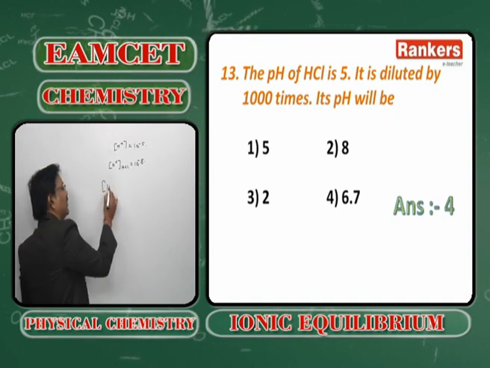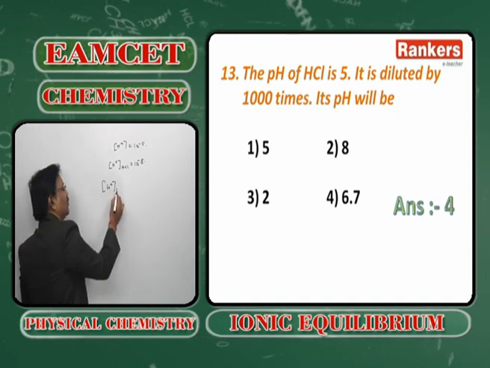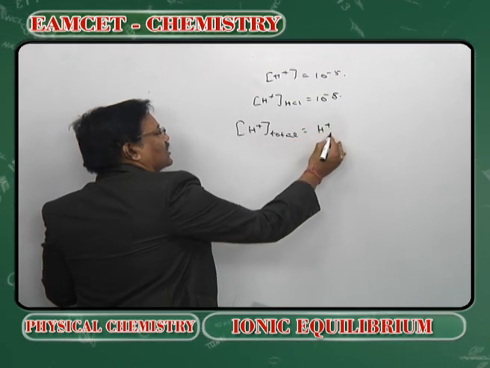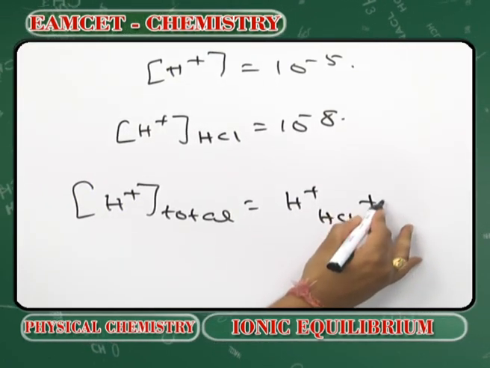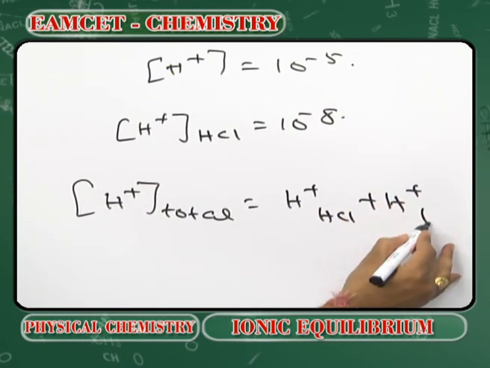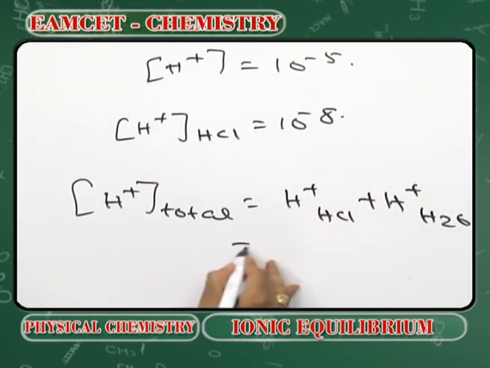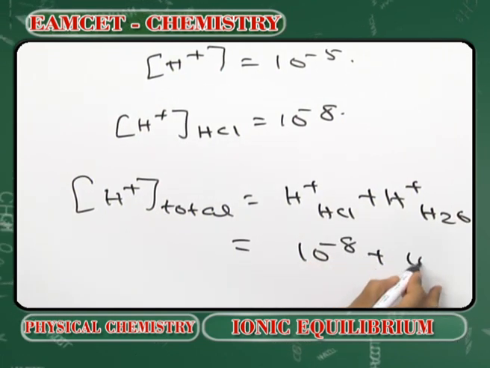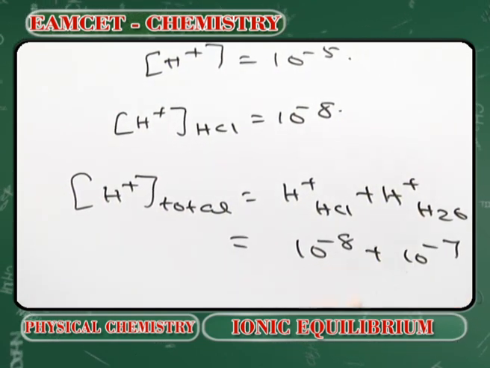Then the total H plus ions will be H plus ions due to the acid plus H plus ions due to the water. What is the H plus ions due to the HCl? 10 to the power of minus 8. What is H plus ions due to the water?